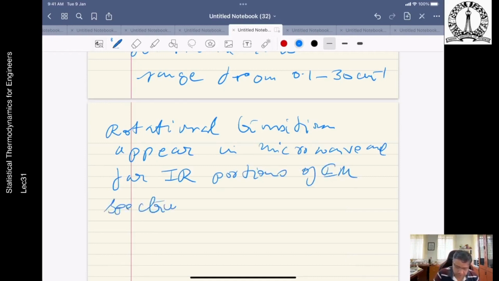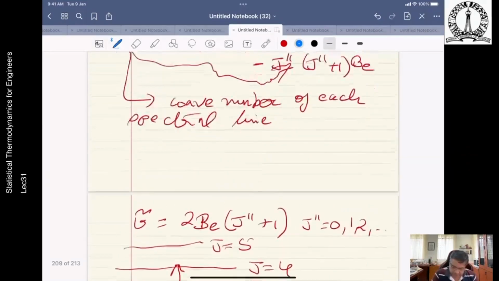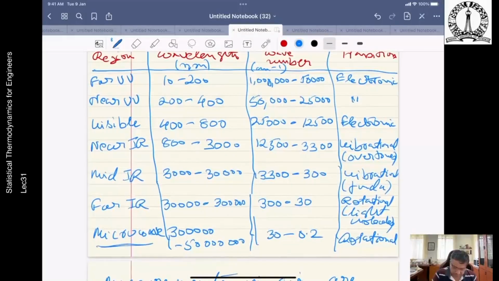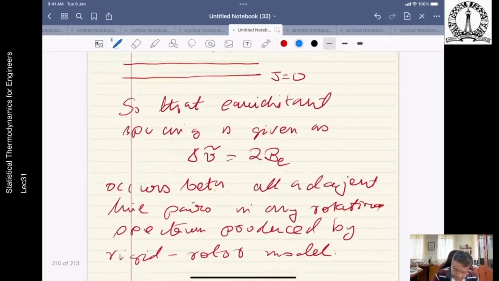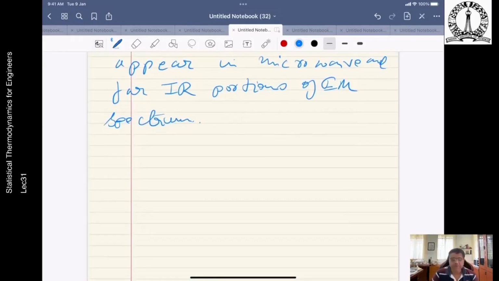This we already saw in the table. If you have forgotten, just relook at the table that we just did: microwave, far IR, nature of the spectrum. So this is rather good. For the rotational transitions, we now have a very good idea.